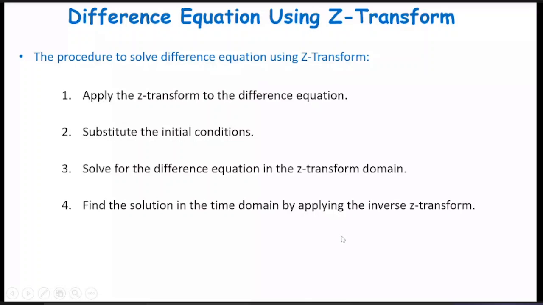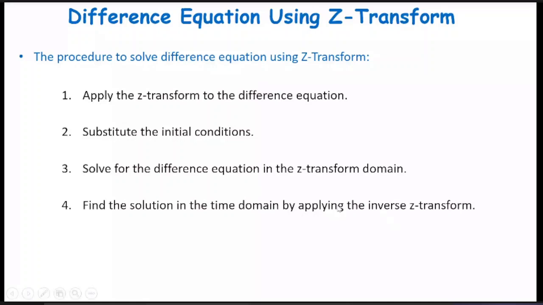First step is to apply Z transform to the difference equation. Then apply the initial conditions, and once you get the expression in terms of Z, apply the partial fraction method. Then apply the inverse Z transform, and you will get the time domain equation.